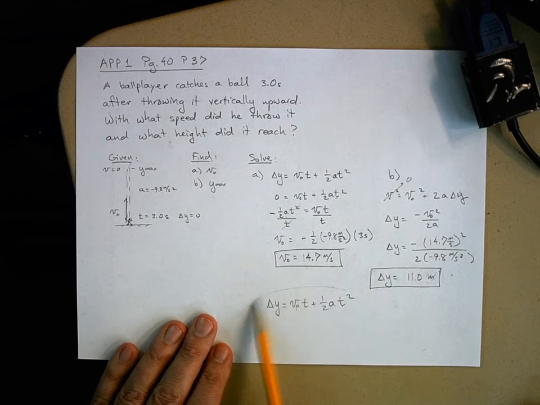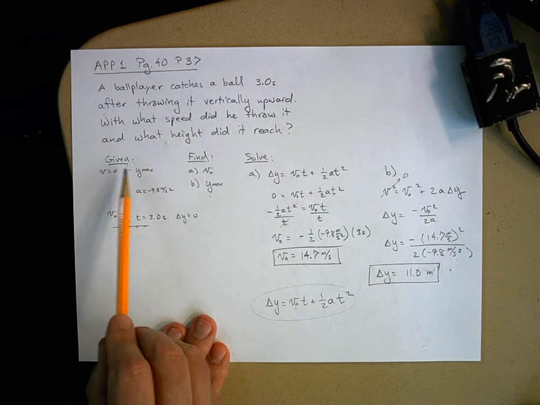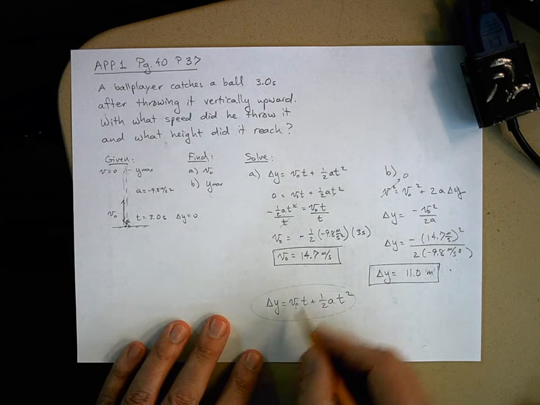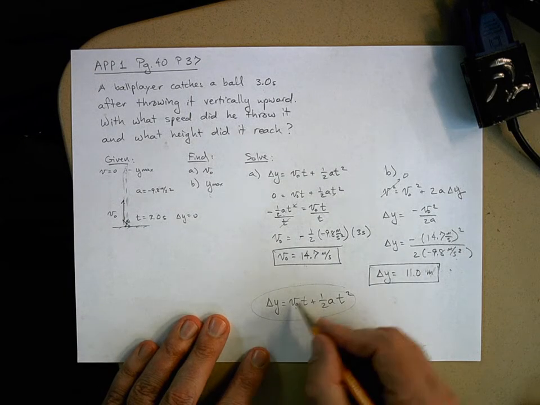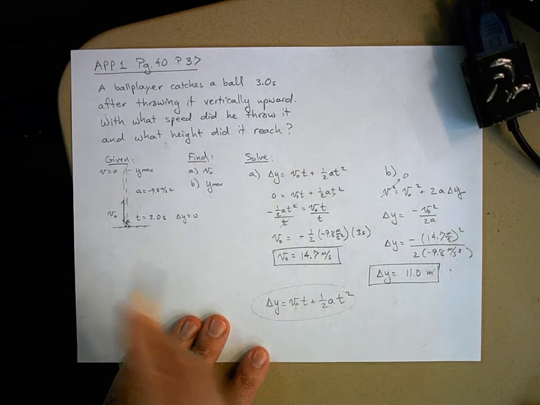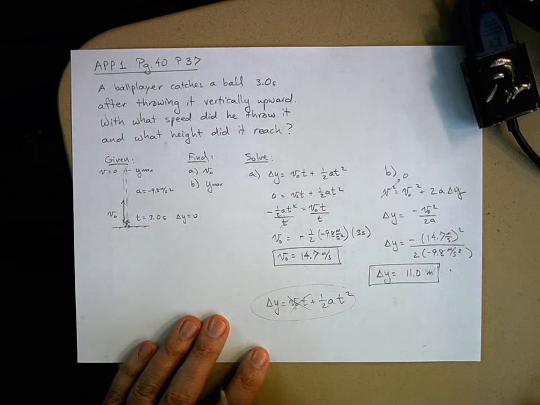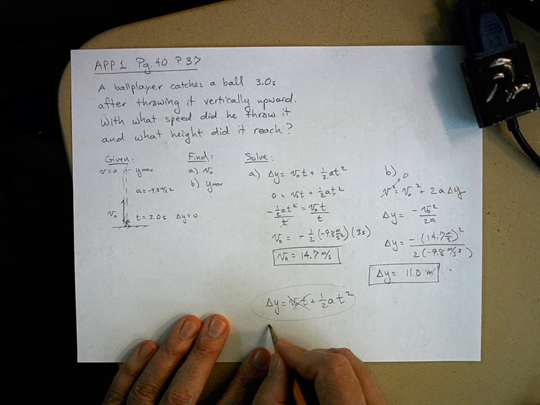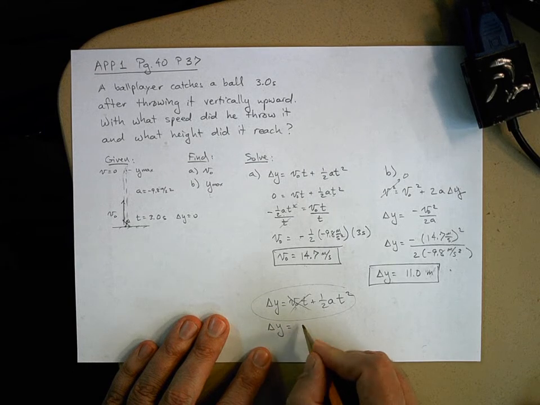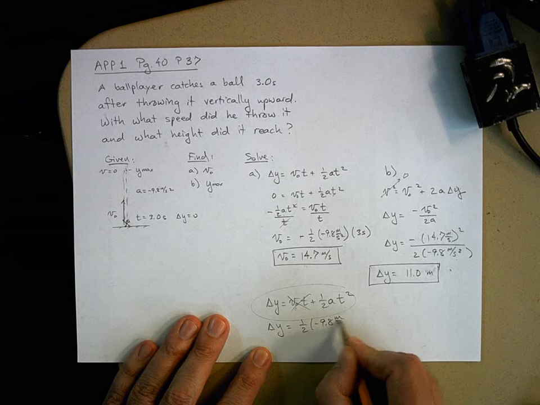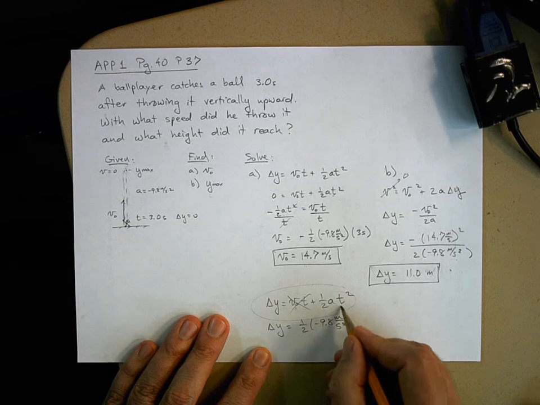You can use this equation to solve for delta y. If you start at the very top and let it fall down, the velocity is 0 at the very top. So v naught, if you start at the top, is 0. So that goes away. And so you just plug in 1/2 times negative 9.8 meters per second squared times time squared.